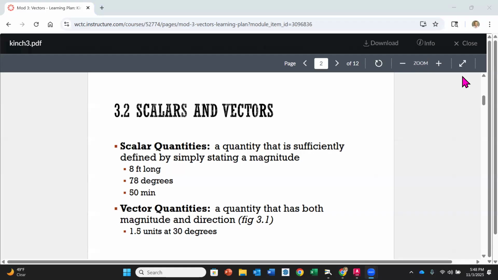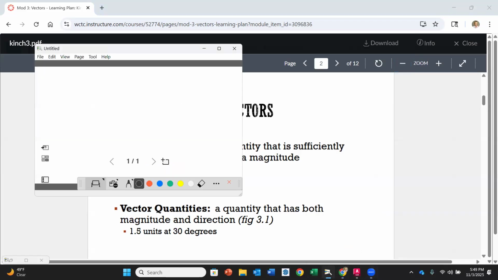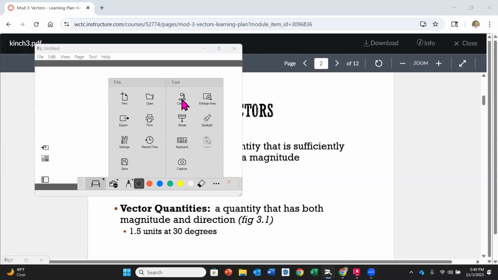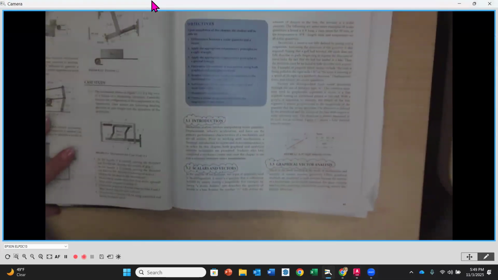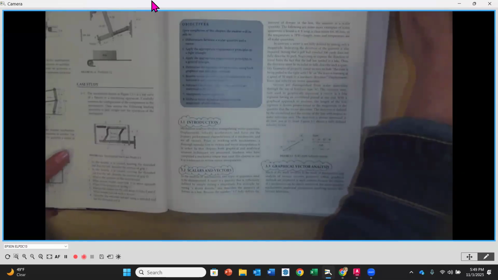So anyway, vectors: we need two things to fully define them. We need both magnitude and direction, just like Vector. And if we look at a vector, you'll notice that we need to draw not only a line, but a line with an arrowhead.